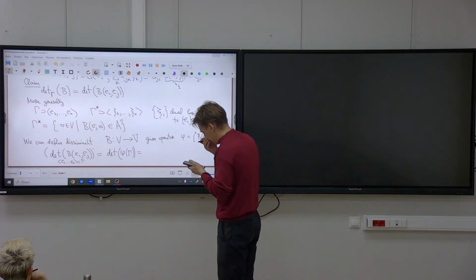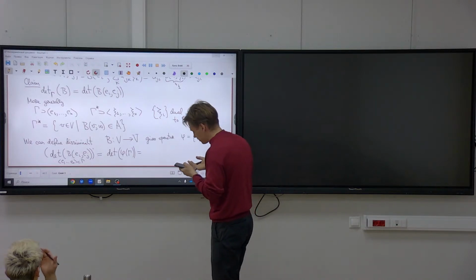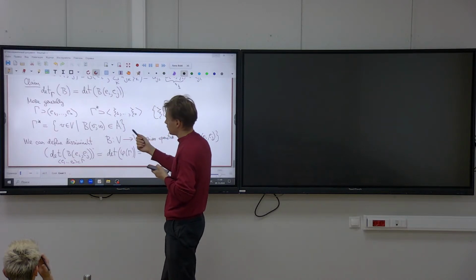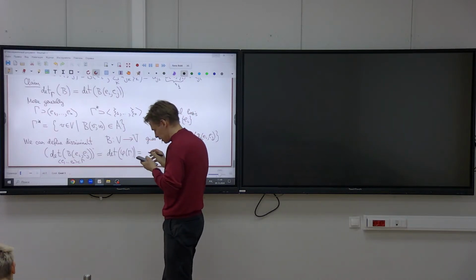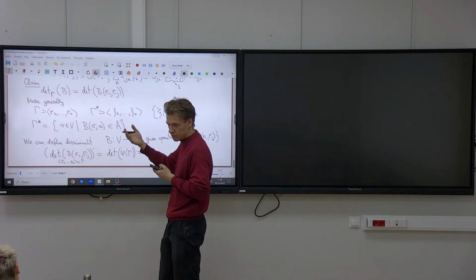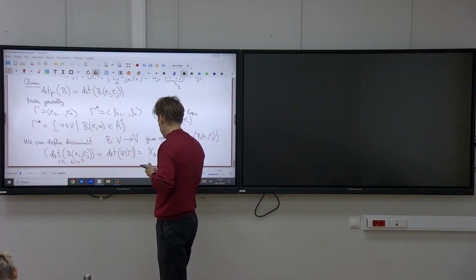And notice that this will be equal to our value chi of two lattices, gamma and gamma star.